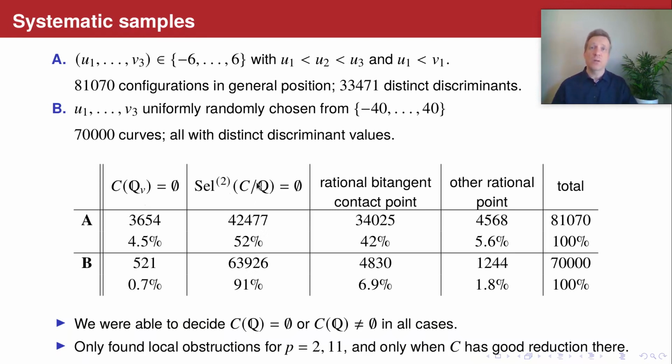Whenever these 2-Selmer sets end up being non-empty, we were able to find either that one of the contact points of one of the bitangents is rational, or that there is some other rational point on the curve somewhere. So together this allowed us to actually decide for all these curves whether there's a rational point on them or not.